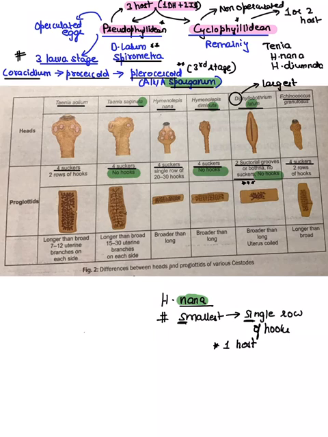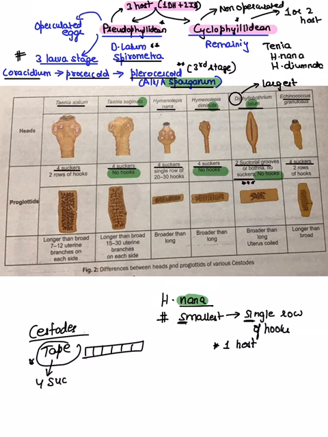So we recall these points about H. nana. Now, cestodes are also known as tapeworms because the body is flat like a tape. This word tapeworm contains 4 letters, hence all these organisms have 4 suckers, but there is always an exception.